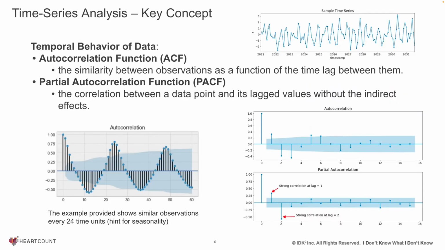So another pivotal concept under time series, which I'd like to introduce, is autocorrelation. We'll also delve into the idea of lag, the interval between data points. Fundamentally, time series data predicts its future based on past observations. The similarity between observations as a function of the time lag between them is what we mean by autocorrelation.